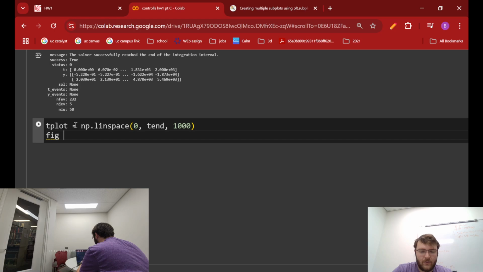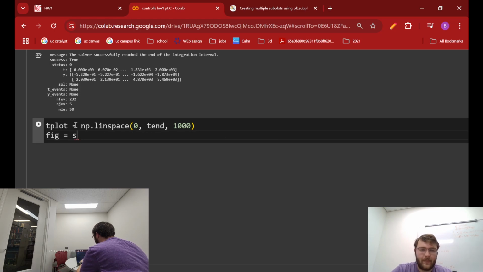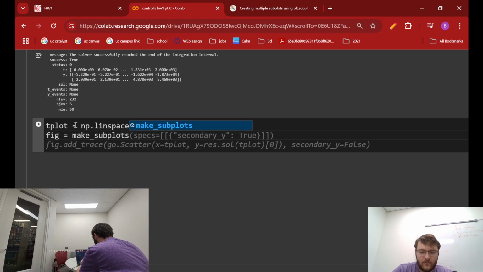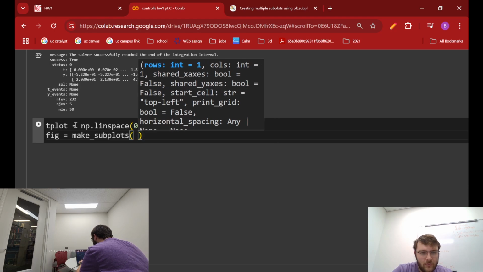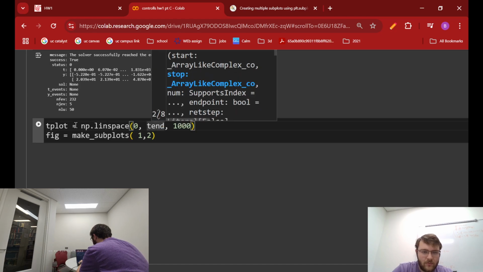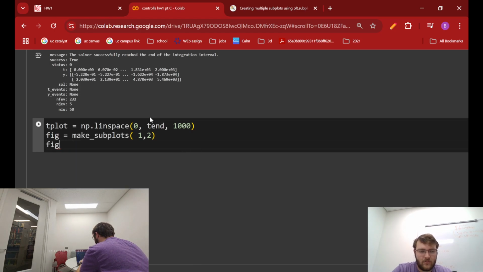Need a figure equal. Does it make subplots, column, one by 2? I remember, and then it's fig add, dot add.